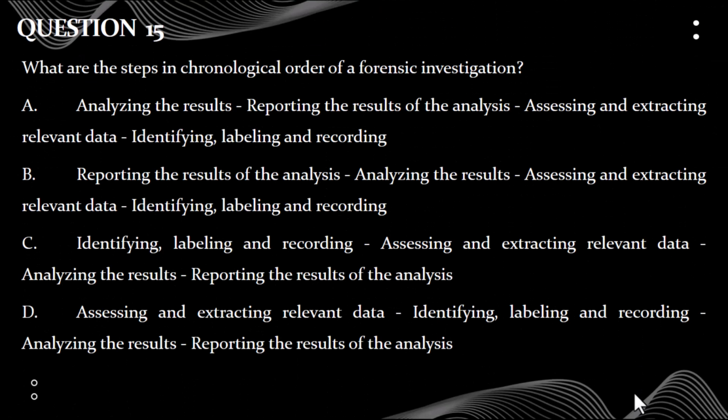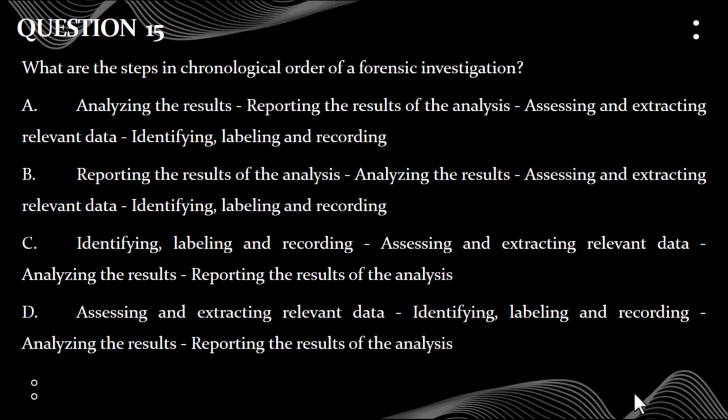Question 15. What are the steps in chronological order of a forensic investigation? A. Analyzing the results, reporting the results of the analysis, assessing and extracting relevant data, identifying, labeling, and recording. B. Reporting the results of the analysis, analyzing the results, assessing and extracting relevant data, identifying, labeling, and recording.